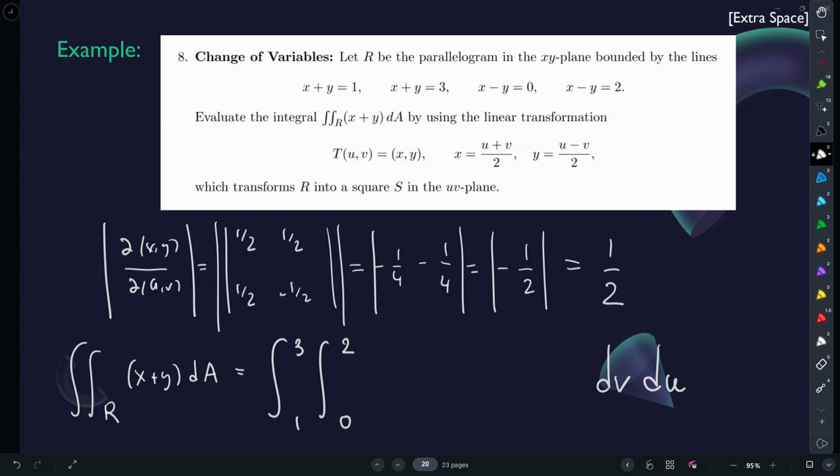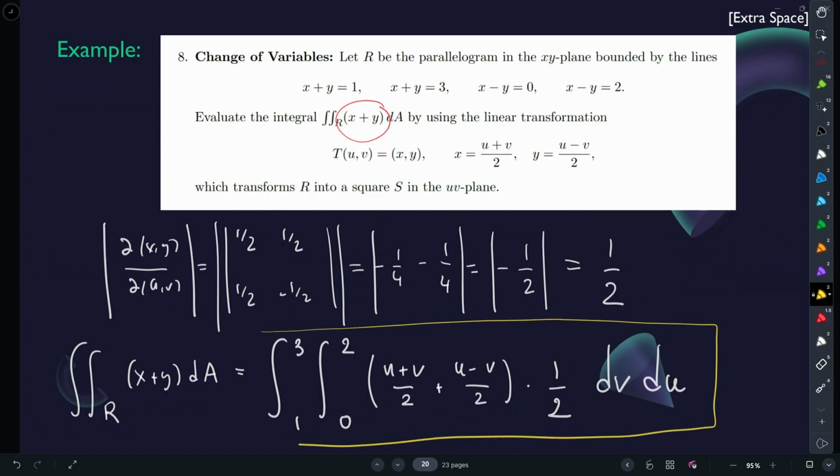And then x, I have to transform the function. X is (u plus v) divided by 2 plus (u minus v) divided by 2. And I have to multiply by the Jacobian, which is a half. So that is the new integral that I have to do, but transformed.